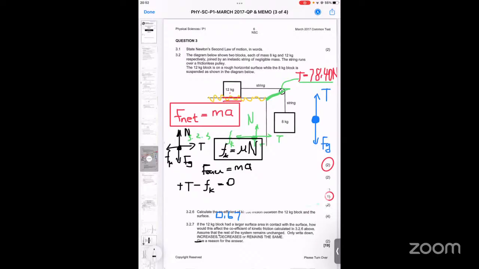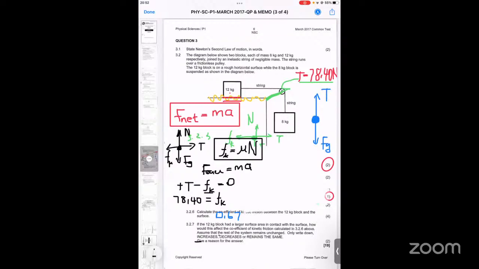And then we did calculate our tension, which was 78.40 Newton. Yes. Then we take it to the other side, it becomes positive. Do you agree there, Liseko?